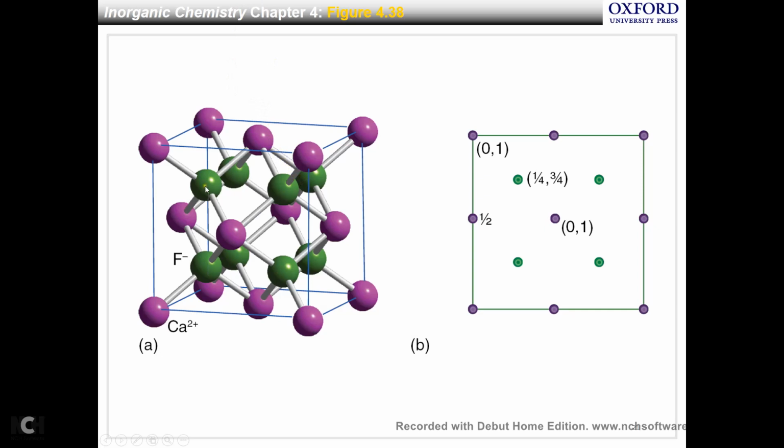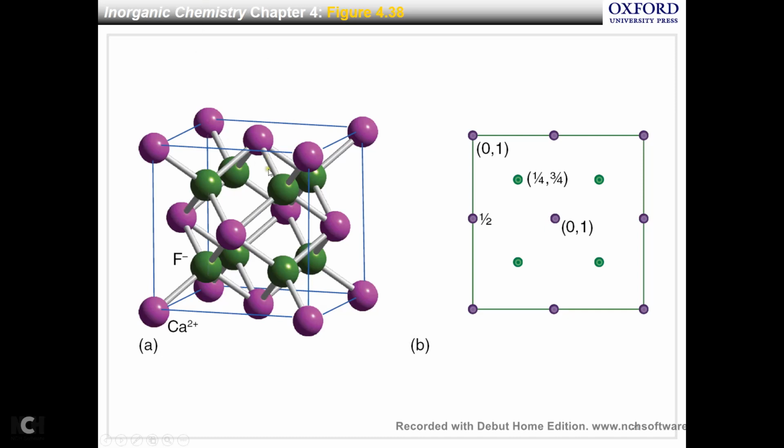So 1, 2, 3, 4, and then you have to imagine 1, 2, 3, 4. On top of this face, there are 3 green spheres bonded to this purple calcium 2 plus. Because again, the ratio of the numbers of bonds is equal to the ratio of the number of ions.